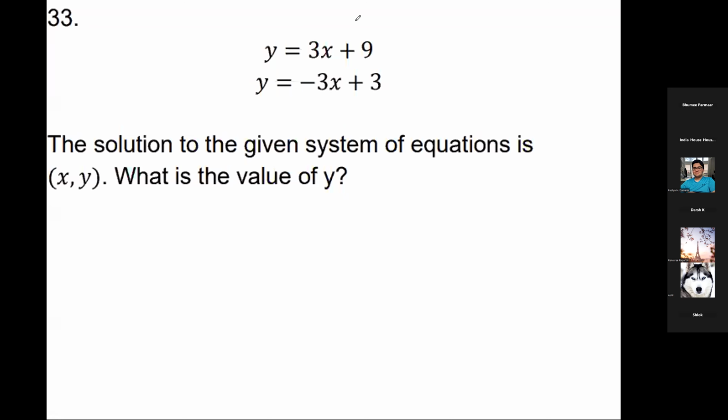Well, there's actually two ways to do this, but I'm just going to do the way most people know how to do it. So first we just set the equations equal to each other.